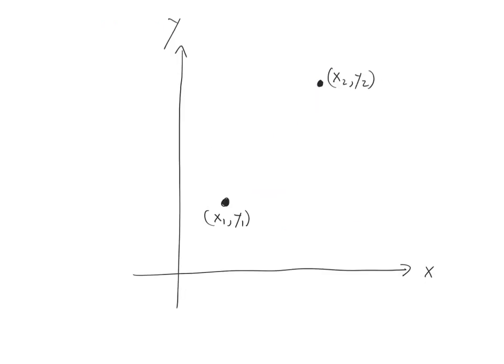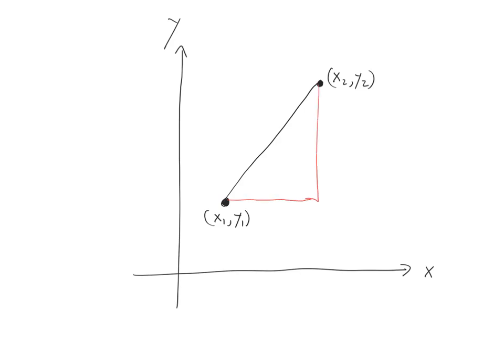More generally, if I have 2 points, the first with coordinates x1, y1, and the second with coordinates x2, y2, and I want to know the separation distance between them, namely that distance, I will again construct a little triangle here.